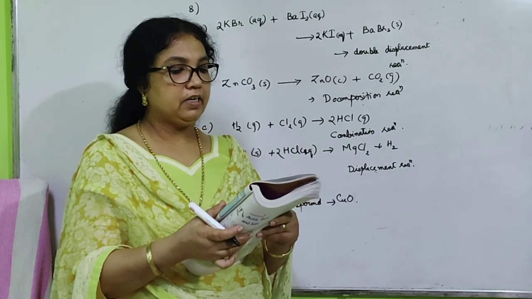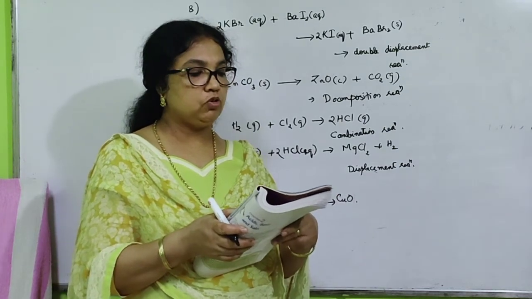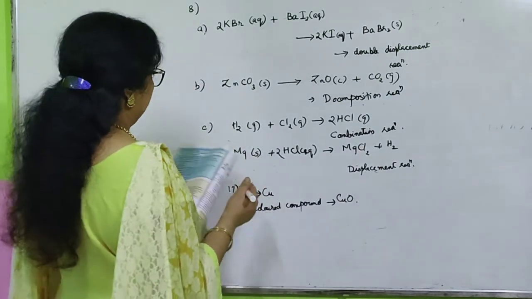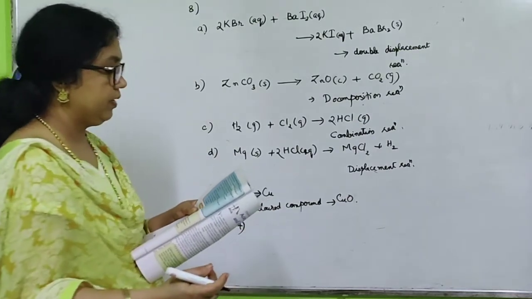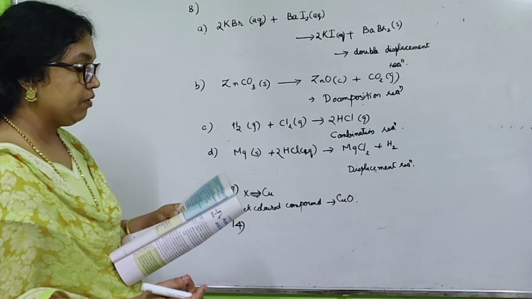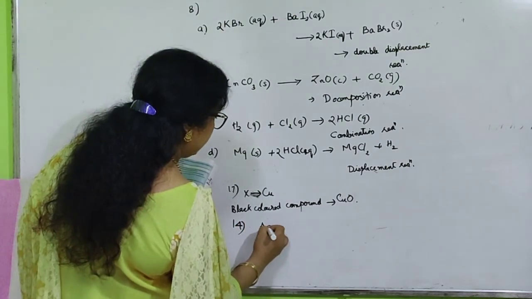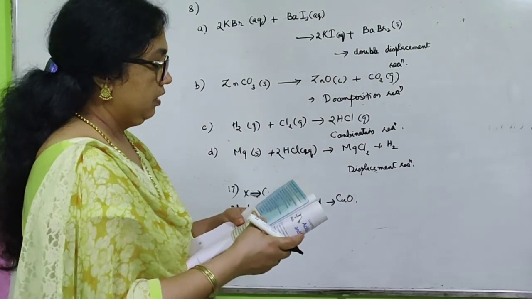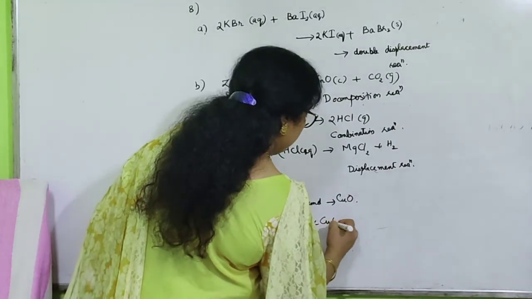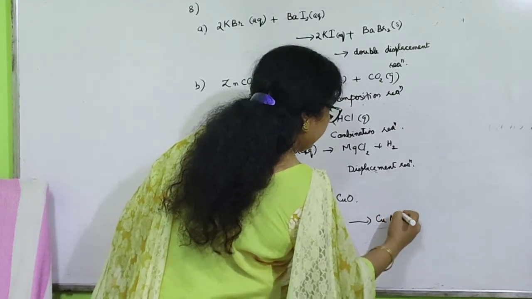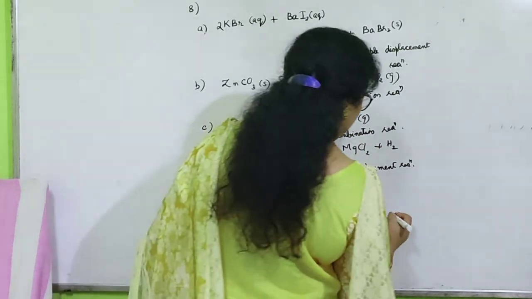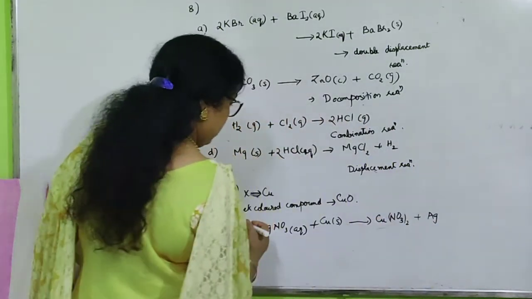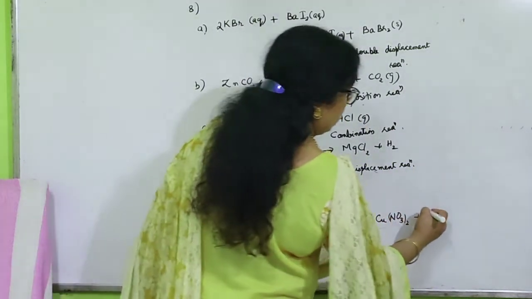The 14th question: in the refining of silver, the recovery of silver from silver nitrate solution involves displacement by copper metal. Write the reaction involved. Silver nitrate, AgNO3, with copper metal Cu solid gives copper nitrate plus silver: Cu plus 2AgNO3 gives Cu(NO3)2 plus 2Ag.